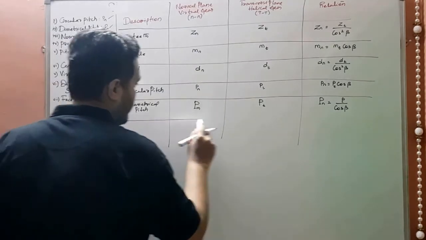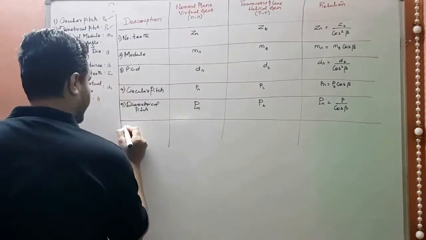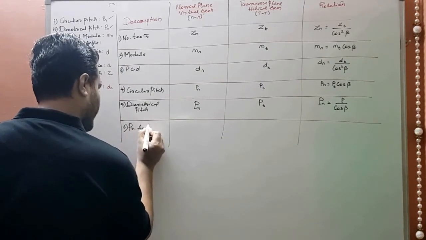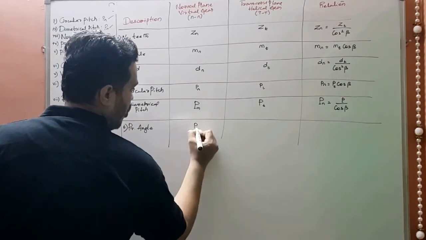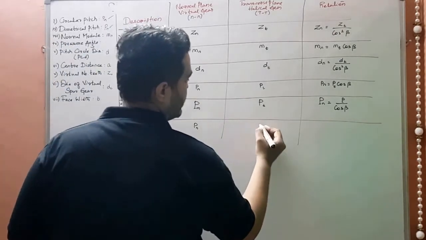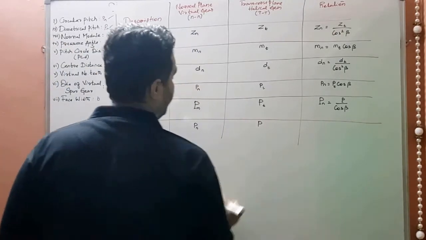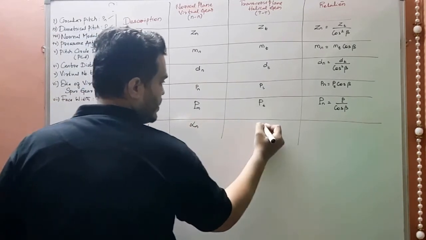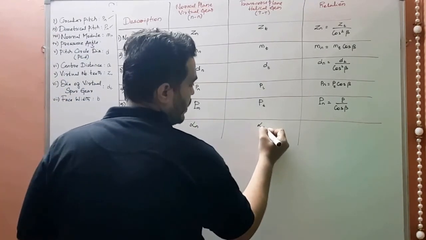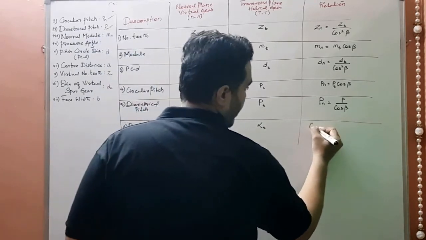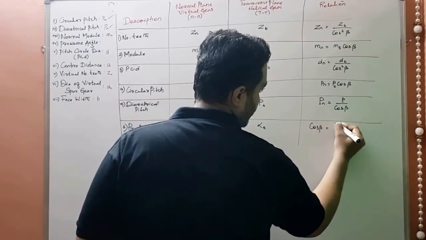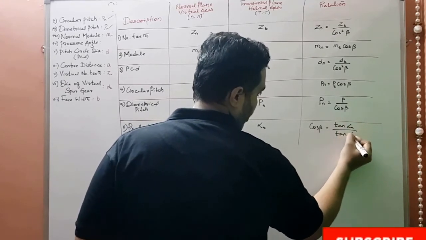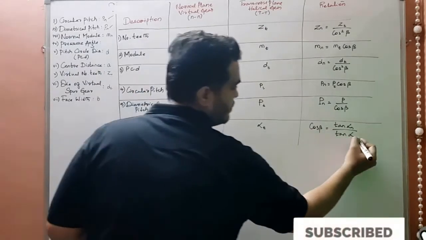Next we have pressure angle, the normal pressure angle, which we denote by alpha n. This is alpha t. We have cos beta is equal to tan alpha n by tan alpha t.